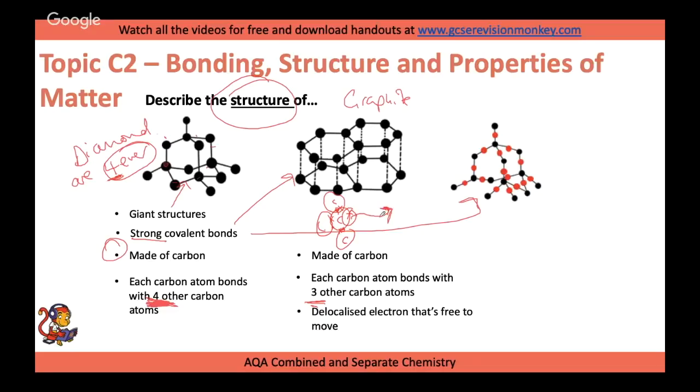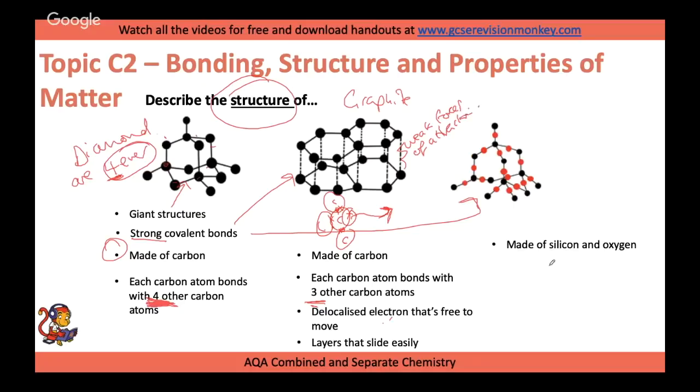And if you've got a moving charge, that means it can conduct electricity. Graphite has layers that slide easily, and between the layers you have weak forces of attraction, which means that they can slide very easily.